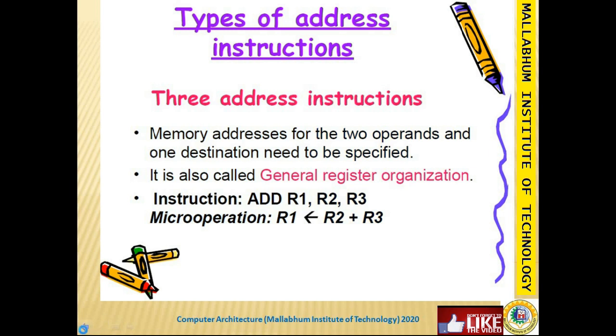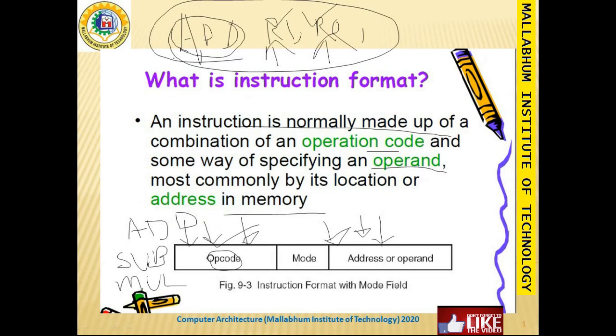In the previous example, in that instruction these two are the address fields. Depending upon the number of address fields, we have divided instructions into 3 address instructions, 2 address instructions, 1 address instruction, or 0 address instruction. These are called the address fields.